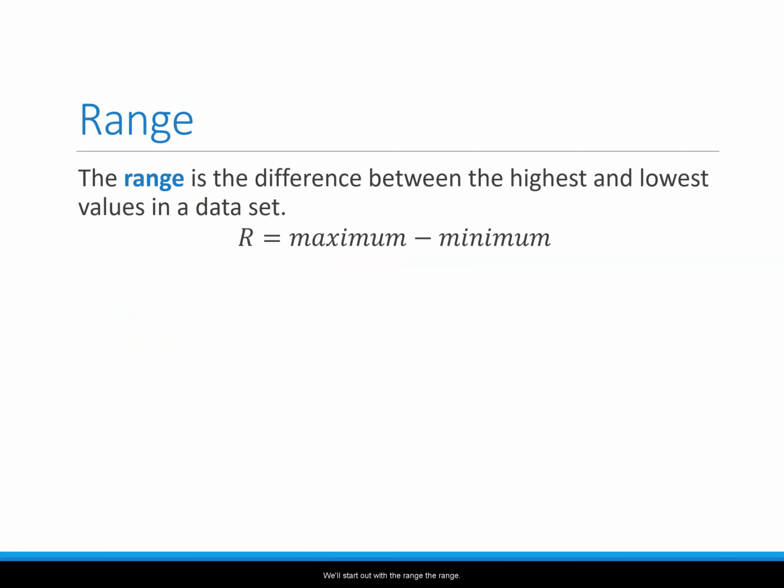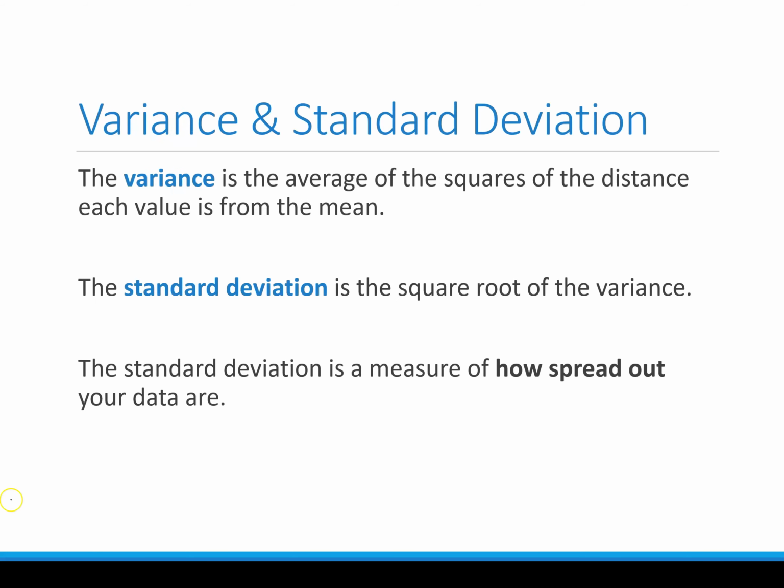Let's start out with the range. The range is just the maximum minus the minimum, the difference between the highest and lowest values in the data set. The variance is the average of the squares of the distance each value is from the mean.